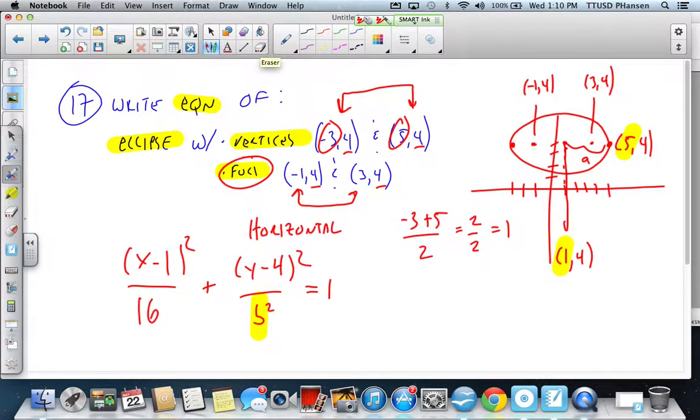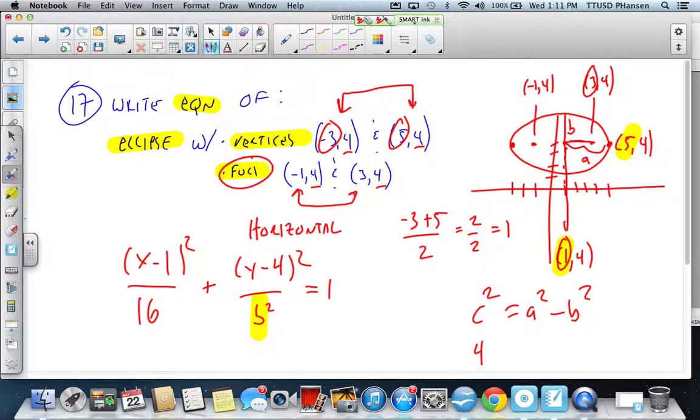And then B, I don't have B. It doesn't tell me what B is. B is this distance right here. But I do know what C is, so I can use this. C is how far from center, 1, to focus, 3, which is a distance of 2.